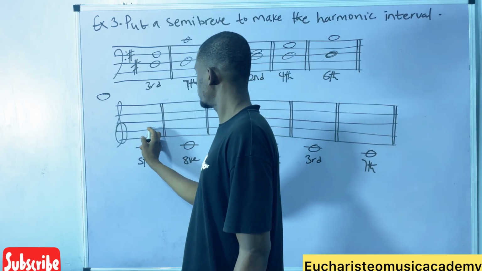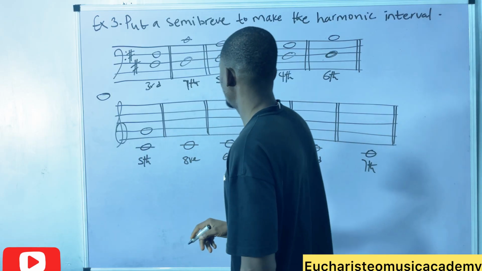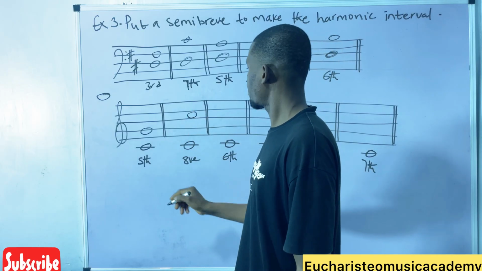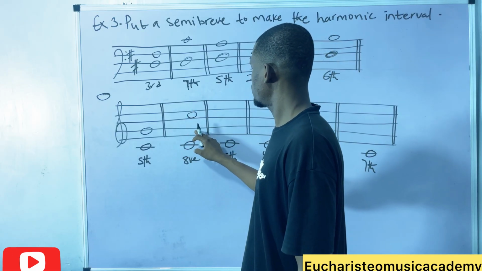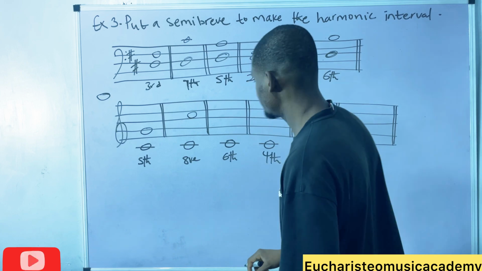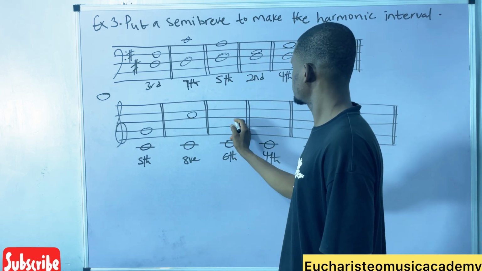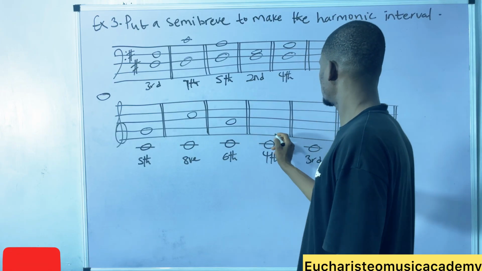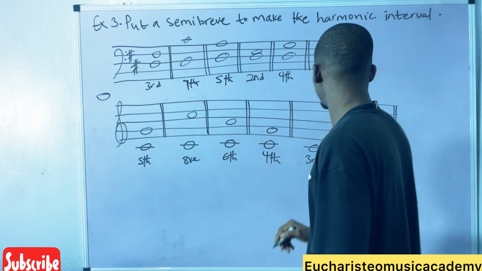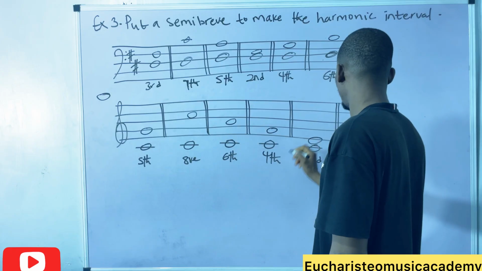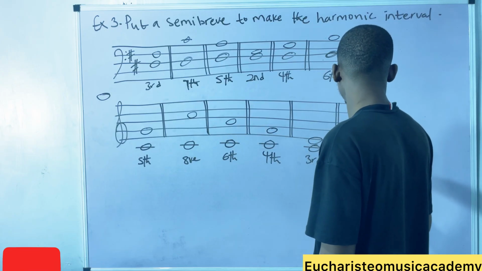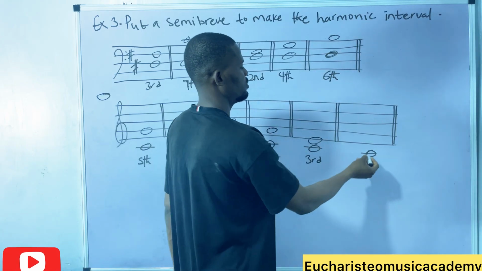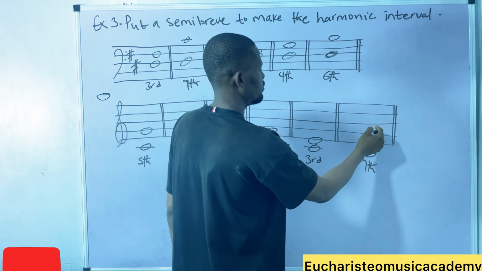Fifth, octave. 1, 2, 3, 4, 5, 6, 7, 8. Sixth, fourth, third, and seventh. Seventh is 1, 2, 5, 7, 8.